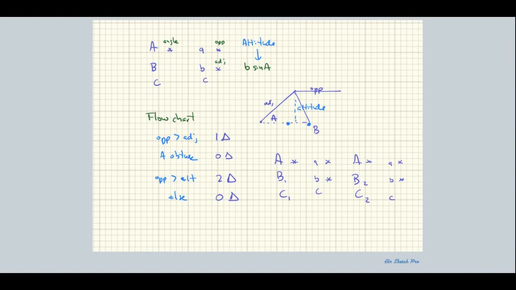The only thing I want to point out here is that B1 and B2 are supplements. They add to 180. I'll put that in the chart here.